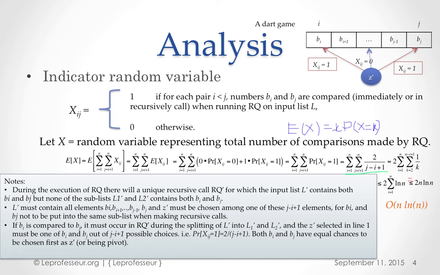But the takeaway from this discussion is that when we do analysis of randomized algorithms, we select an indicator random variable, and we try to find out the expected value of the number of steps the algorithm will take to give us the final result.